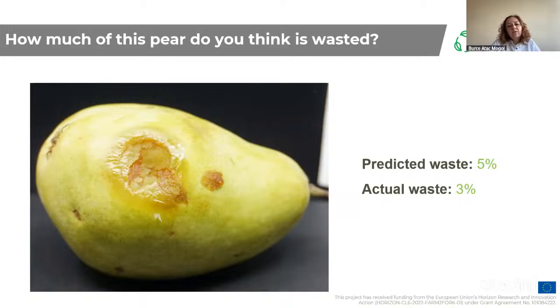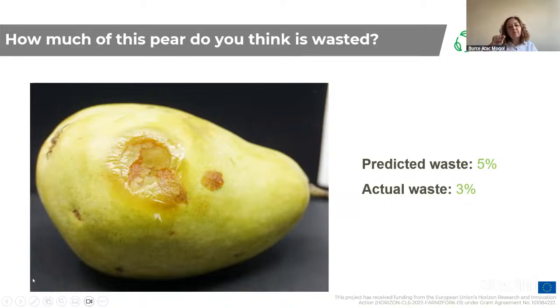With the start of the waste, you can say that the model estimates well. And in this case, it's not molded, it's just damaged. So it's good because it detects any kind of change in the color, as you said in the beginning, also browning and other types of color change.